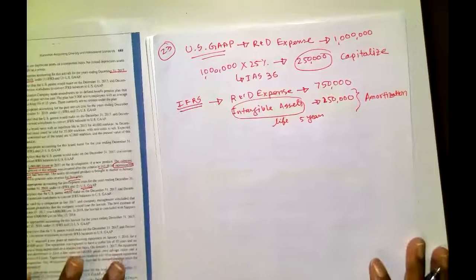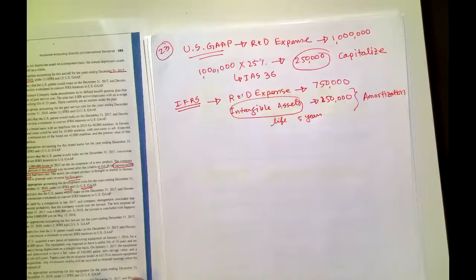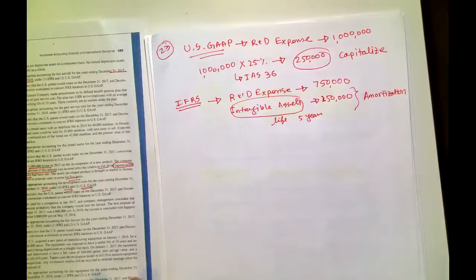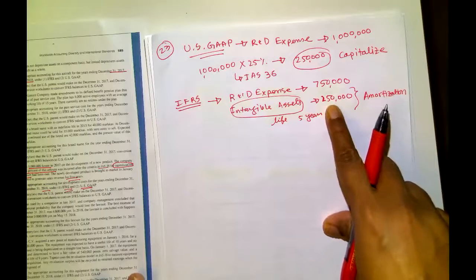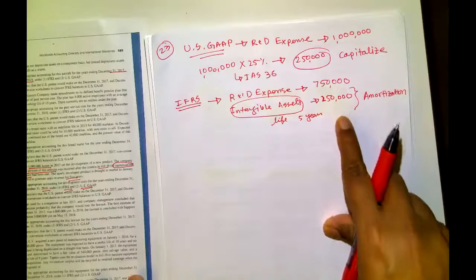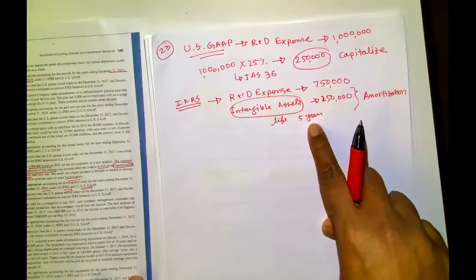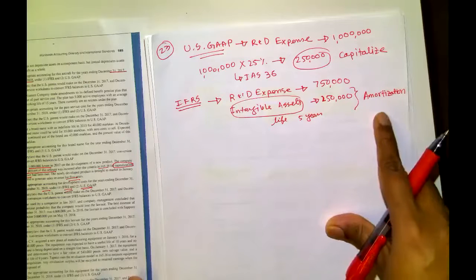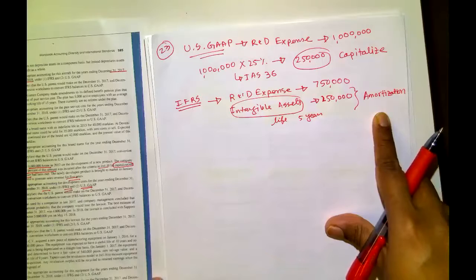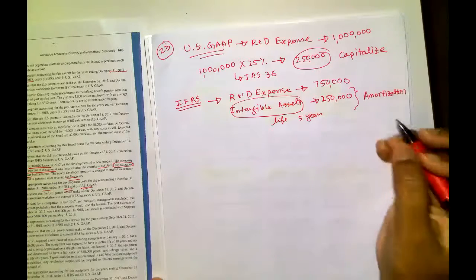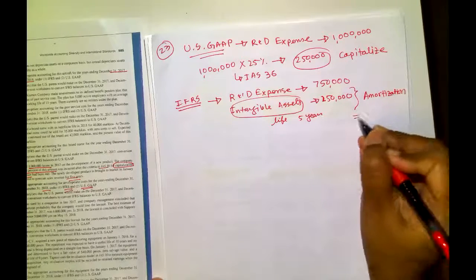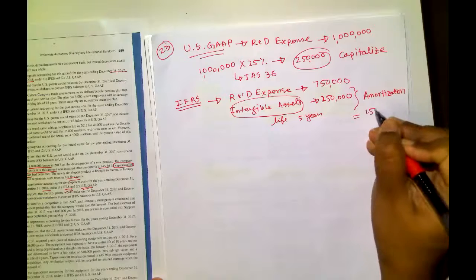For intangibles, we use the term amortization. Now, Brad, my asset value is 250, and with a life of 5 years, what would be my every year's amortization expense? 250 divided by 5, 50,000.